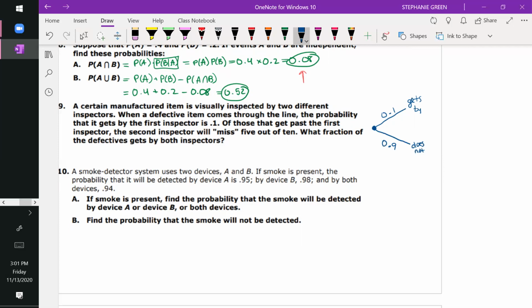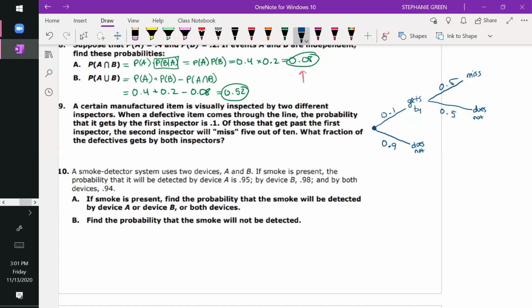Then it says of those that get past the first inspector, the second inspector will miss 5 out of 10. So he's going to miss 5 out of 10, that's 0.5, which means he's not going to miss, he's going to throw away the other 50%, 0.5.